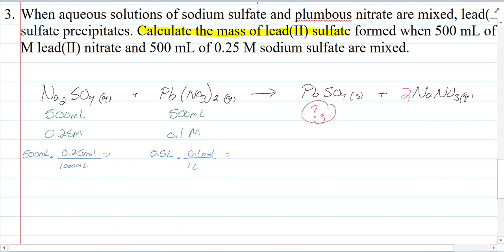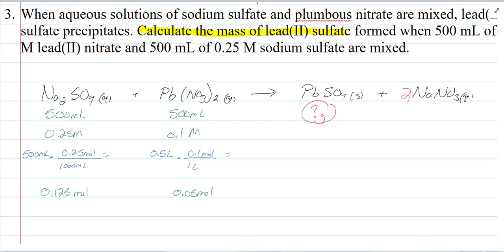I don't care which way we go, how you want to do this. I'm happy either way. And so if we do the first one, that would be 0.125 moles of sodium sulfate and 0.05 moles of lead 2 nitrate.